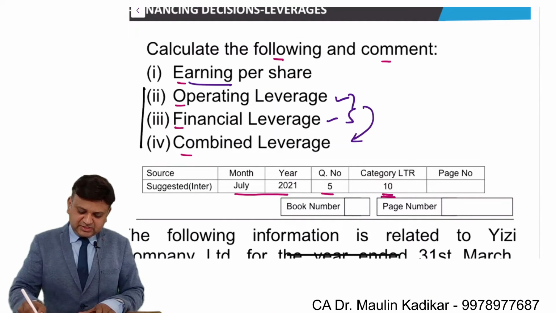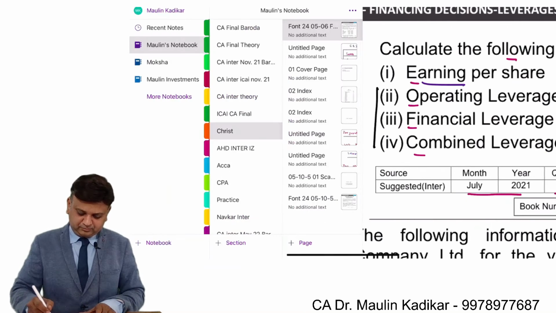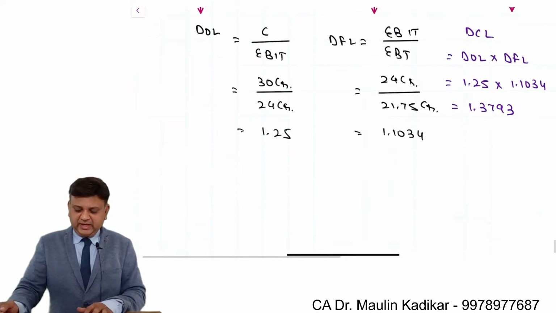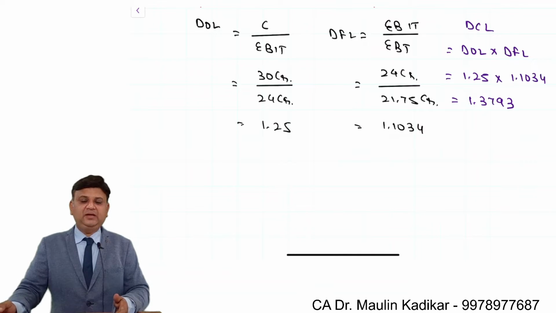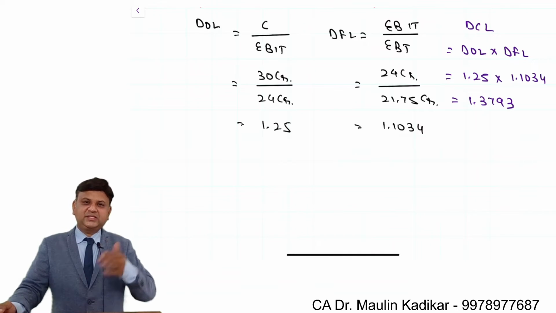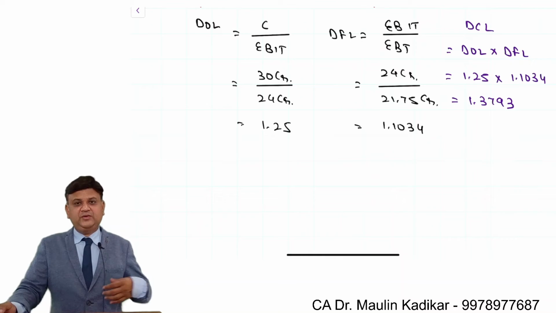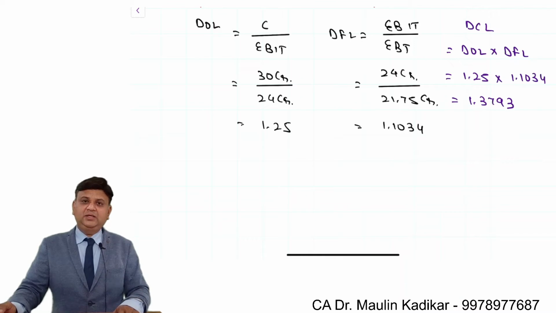The question says that you are required to find, that is further, the comment. As far as the comment is concerned, no industry information is given, neither is information provided for any peer group companies. So we can write a very general answer: the DOL is 1.25.